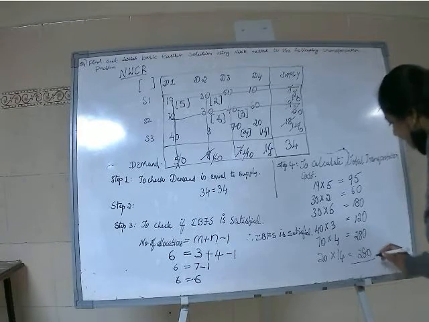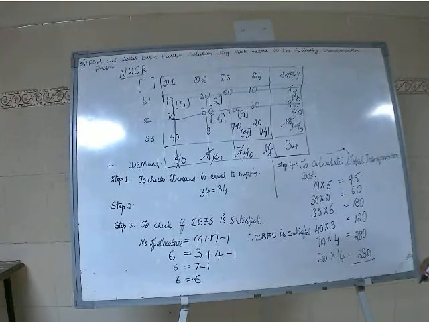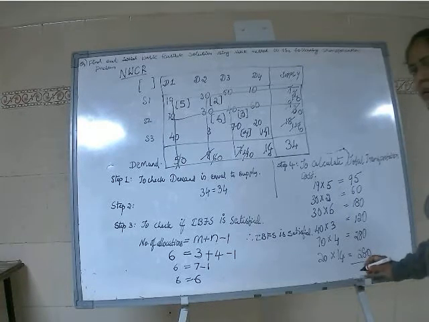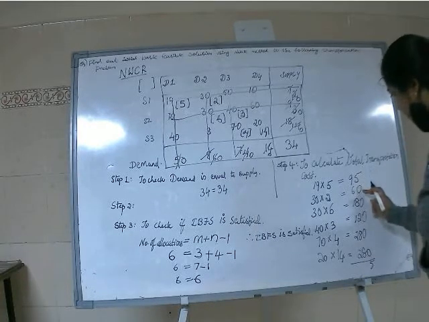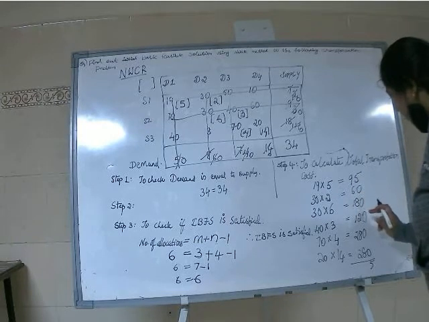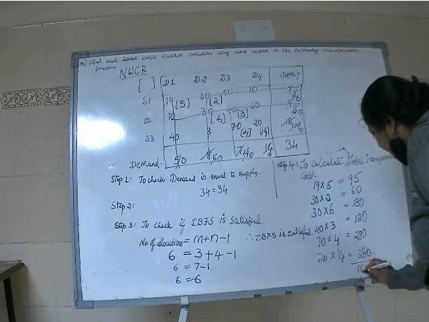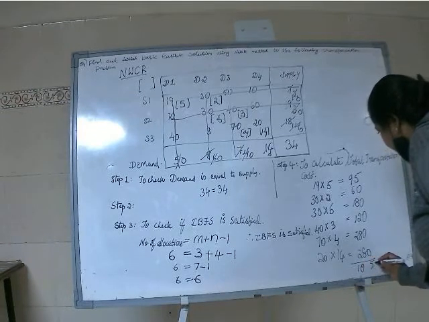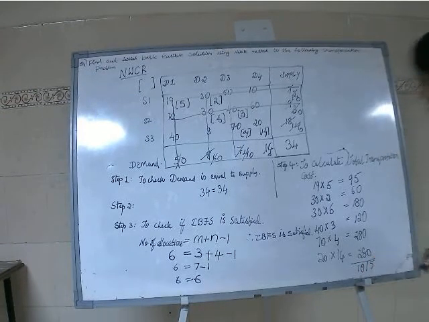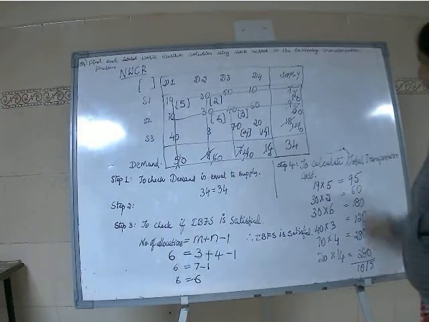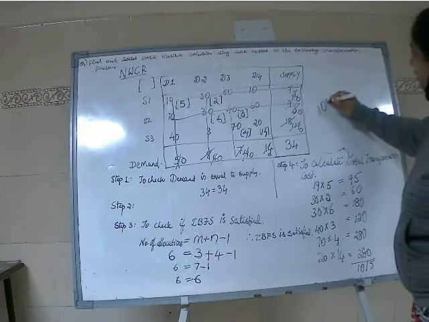Now if I sum these values, I would be getting 1015 as the total value.